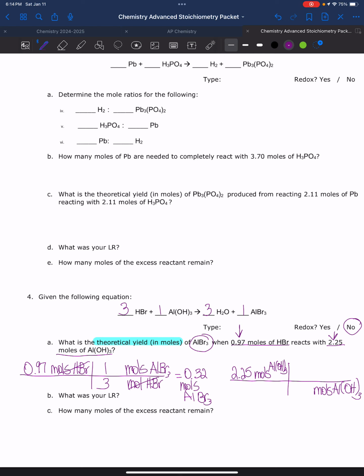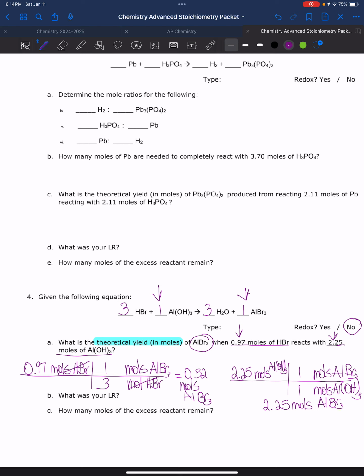And I'm still looking for moles of aluminum bromide. So again, I look to my coefficients. The coefficient for aluminum bromide is a 1. The coefficient for aluminum hydroxide is also a 1, which means that I can make 2.25 moles of aluminum bromide.